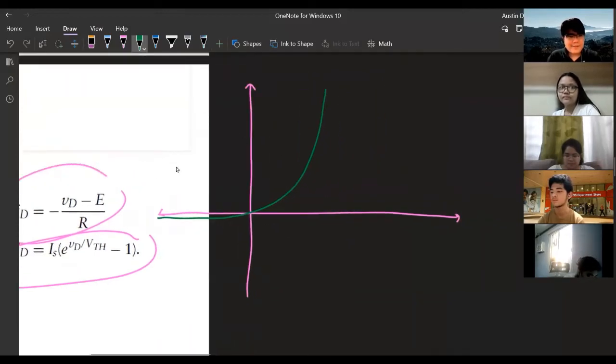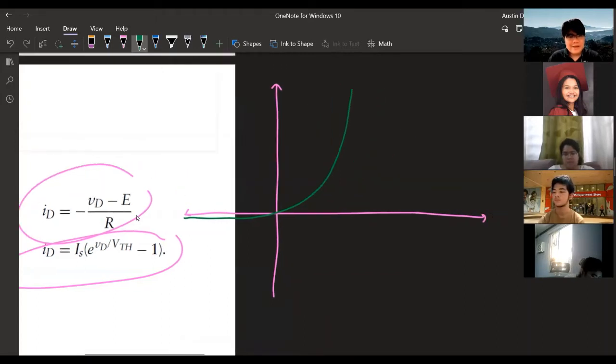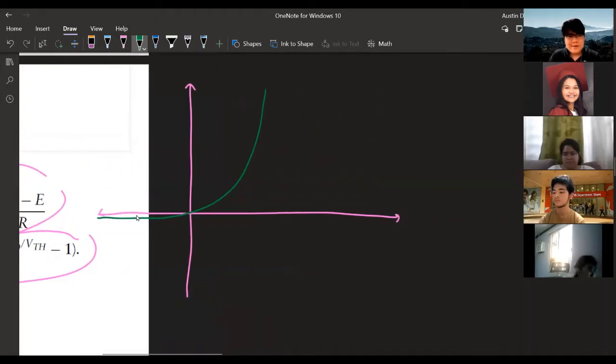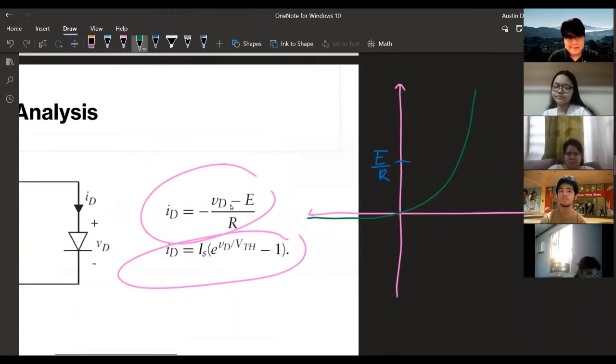And then, again, pag tinry mo itong i-zero yung mga bagay-bagay, pag zinero mo sa ID, ang makukuha mo ay E. And this is E over R. And then, you graph this also.